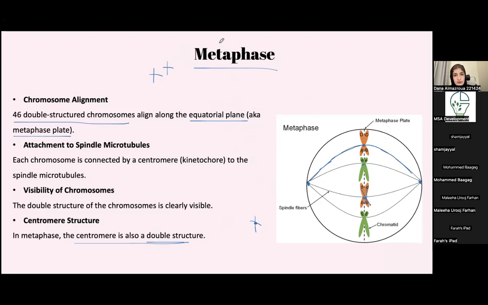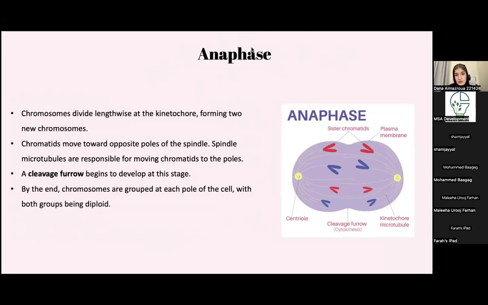Okay, yes, perfect. Now that the chromosomes are aligned in the center in the metaphase plate or the equatorial plane, and they're attached to the mitotic spindles, these mitotic spindles start pulling the chromatids in opposite directions. Sorry, someone asked, so a chromosome can have either 1 or 2 chromatids? Yes, exactly.